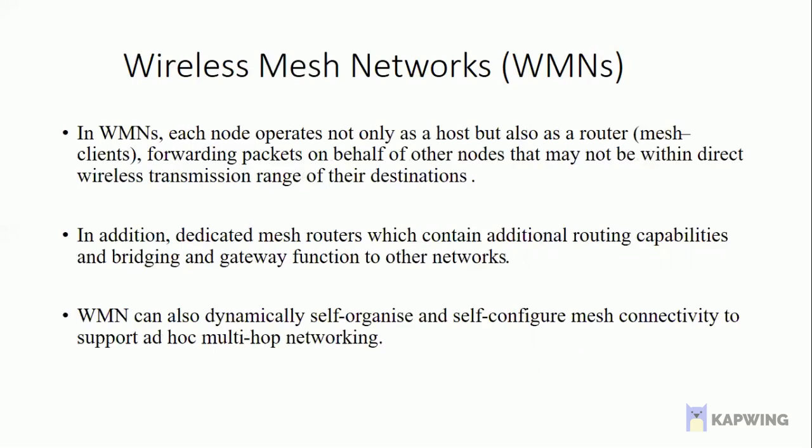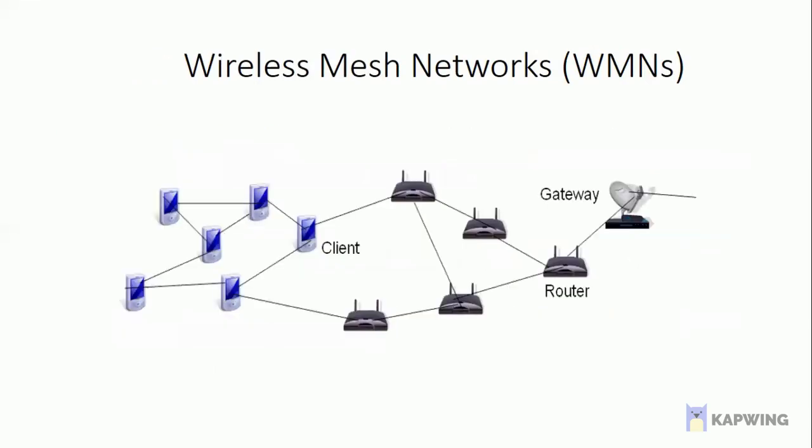In addition, there are dedicated mesh routers, which contain additional routing capabilities and bridging and gateway functions to other networks. Wireless mesh networks can be dynamically self-organized and self-configured, with mesh connectivity supporting ad hoc multi-hop networking.